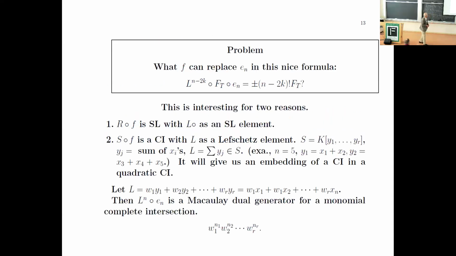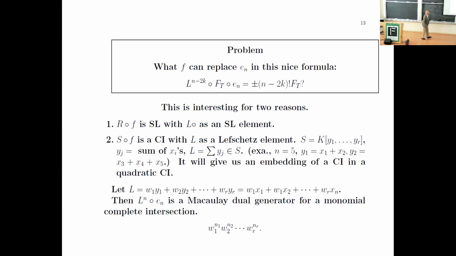So my next problem is this. I want to extend this equality. What if I can replace En in this nice formula? This is interesting, at least for me, for 2 reasons. First, circle F is another SL element with L circle.